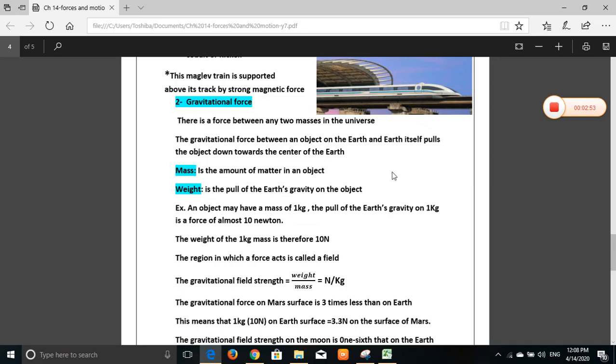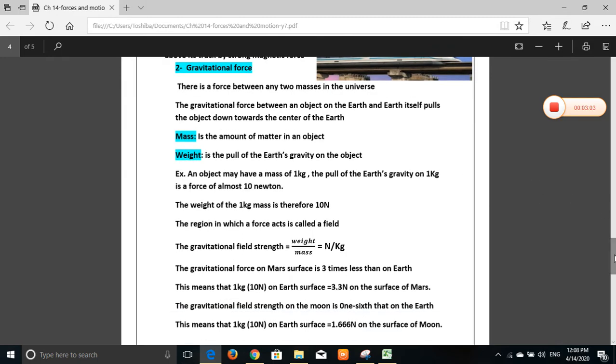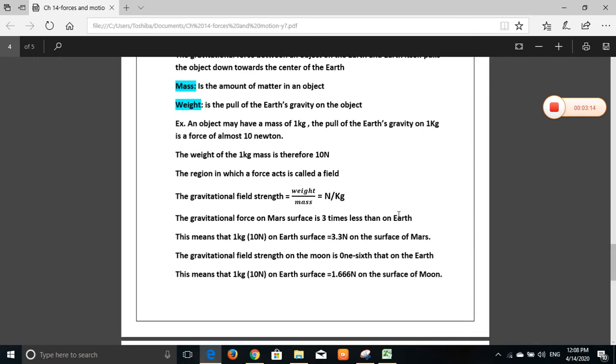The mass of your body at home is the same as when you move up to the top of a mountain; it stays constant. But the weight changes, it is not constant. Weight is the pull of Earth's gravity on the object. This is an example. An object may have a mass of 1 kilogram, the mass measured in kilograms.